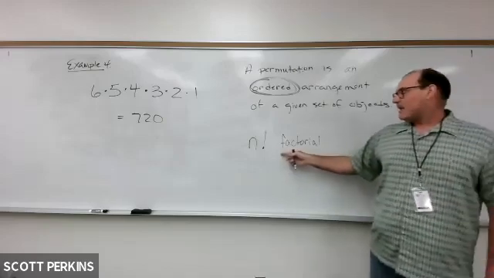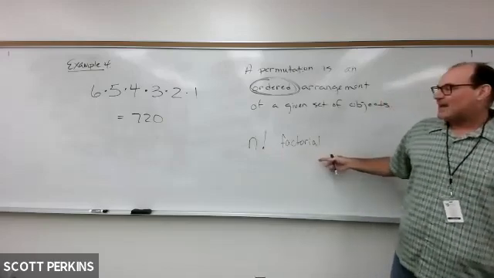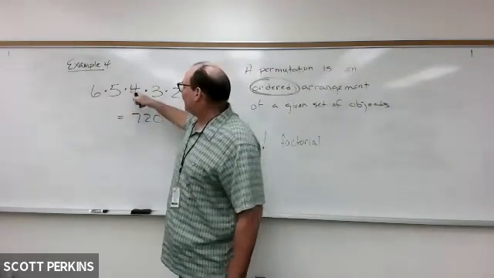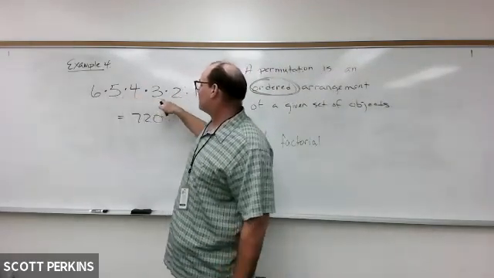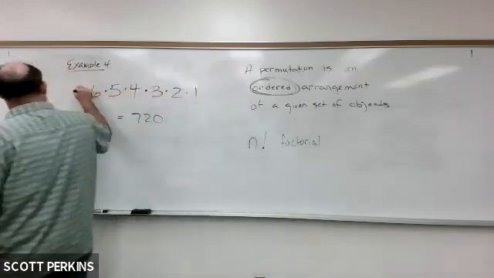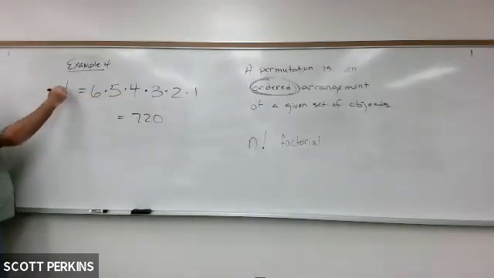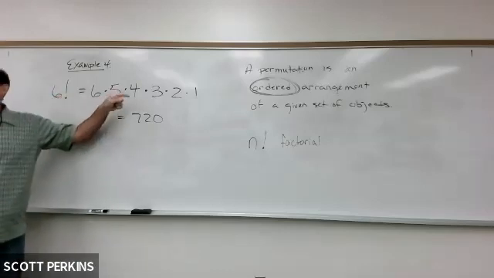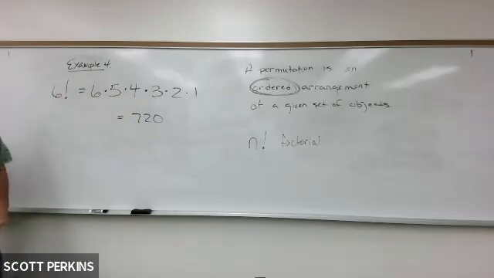And what a factorial is is just what we did right here. So, for instance, 6 times 5 times 4 times 3 times 2 times 1, that is 6 factorial. Whatever the number is before the exclamation point, you start there and multiply all the successive whole numbers down to 1.